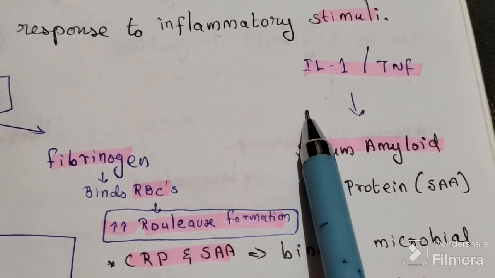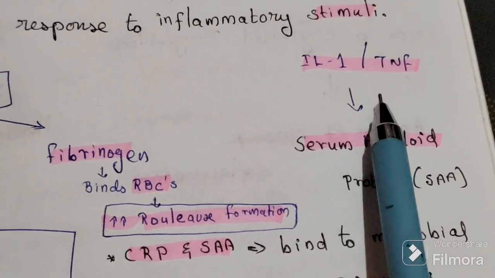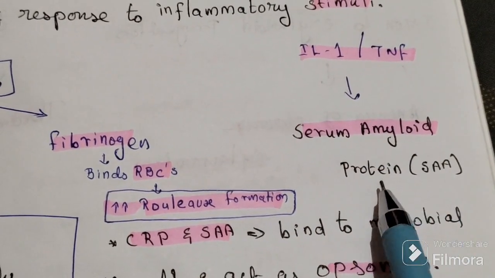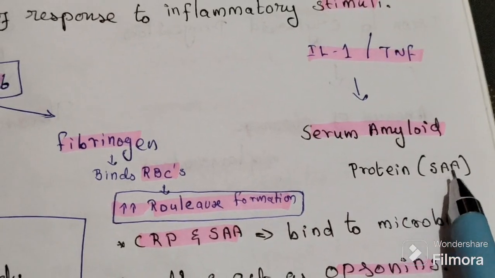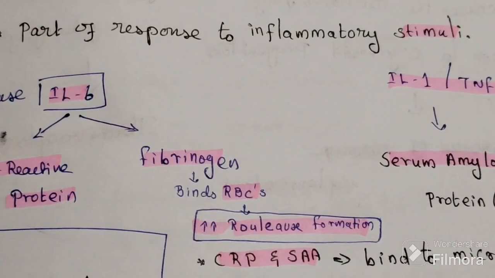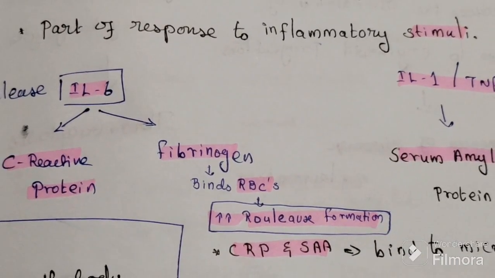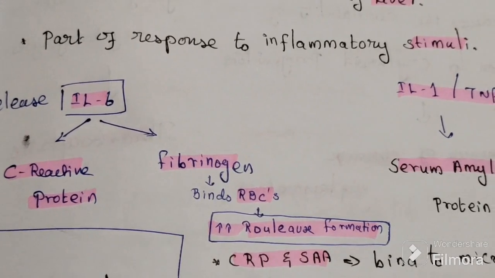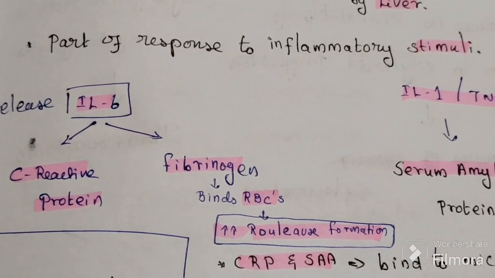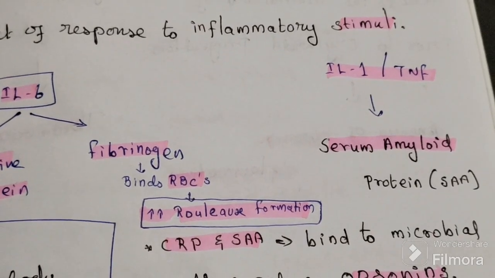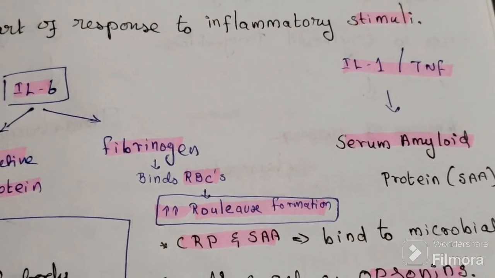Interleukin 1 and tumor necrosis factor help in the synthesis of serum amyloid protein, SAA. So these are the three important acute phase proteins: C-reactive protein, fibrinogen, and serum amyloid protein.